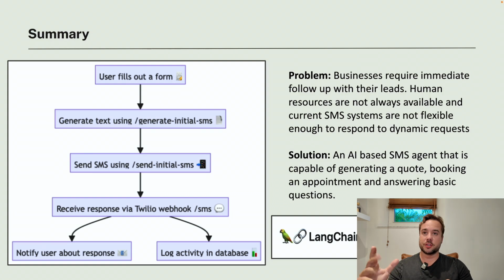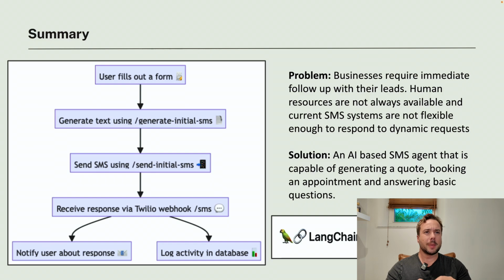So if a user fills out a form, we'll generate the text copy, we'll send the text copy, and we'll wait for them to respond, and when they respond, then they receive back a message from us. And of course, we log that in our database, and we create this dynamic conversational structure by remembering everything that they tell us, remembering the conversation history.